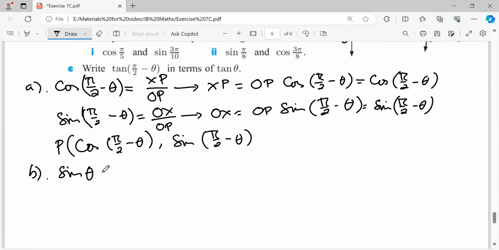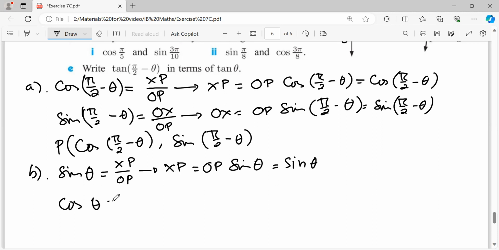So sine theta equals XP over OP, so XP equals OP times sine theta. As you know that OP equals 1, so XP equals sine theta.